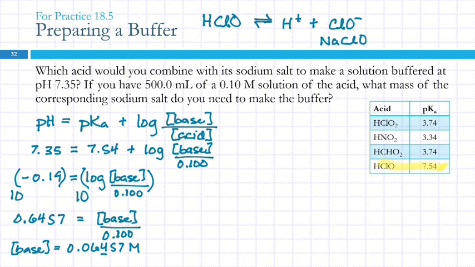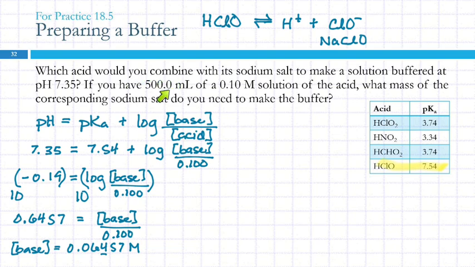How would we make a solution that is this concentration? We're going to add the sodium salt. That's going to be a solid. That's why they're asking us what mass. We're going to add that to the solution that we already have.